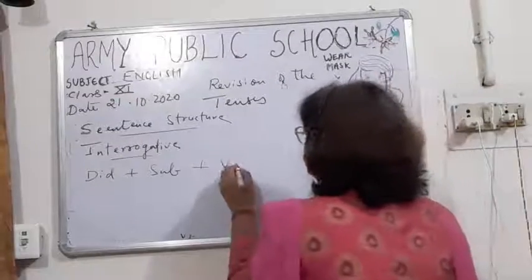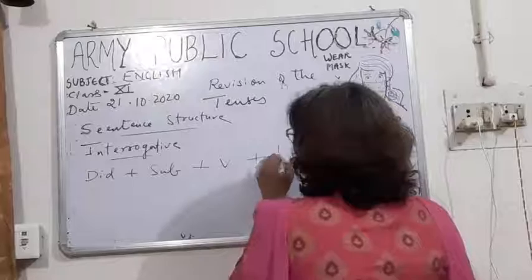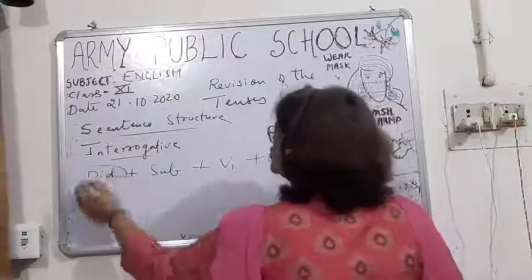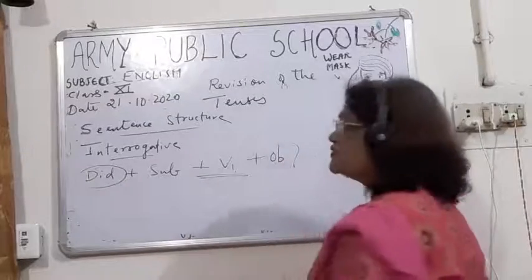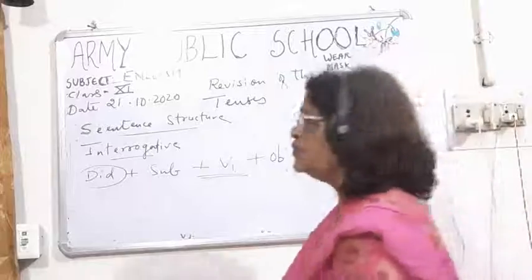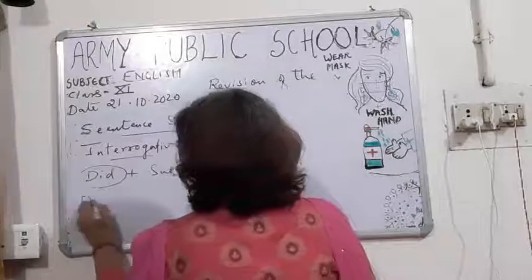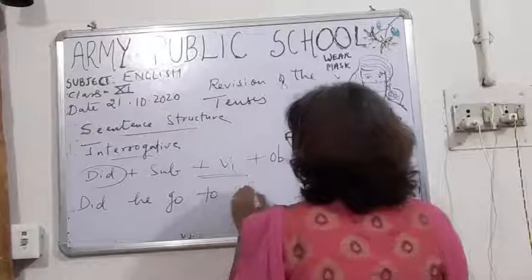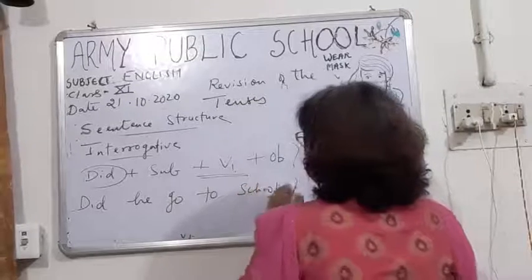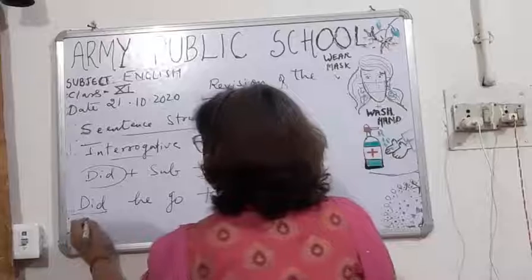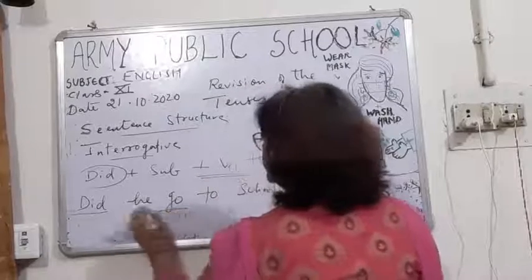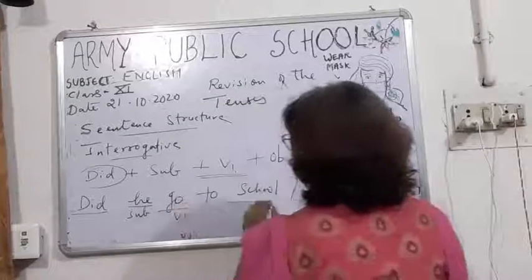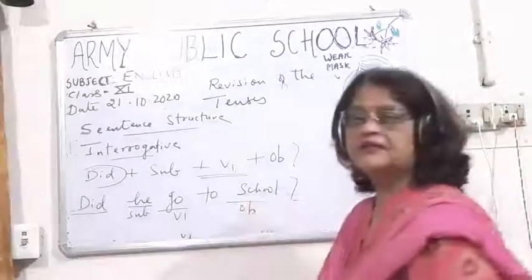Again children, a verb is there, but which form of the verb? It is V1, because did is there, so we will always use V1. So for example, did he go to school? You can see with did we have V1, this is the subject and this is the object.